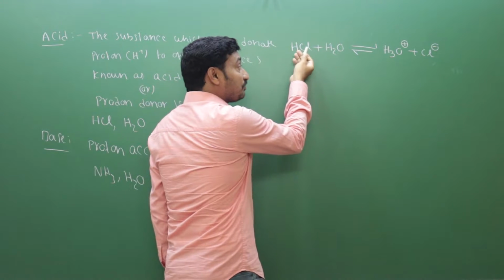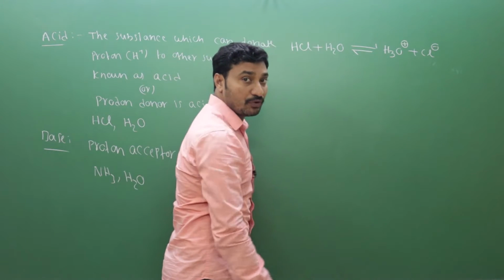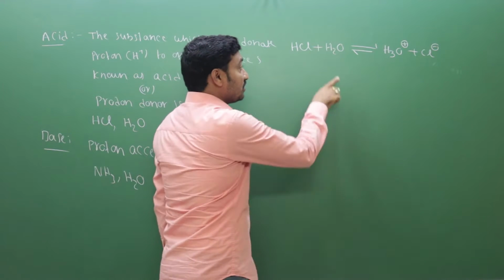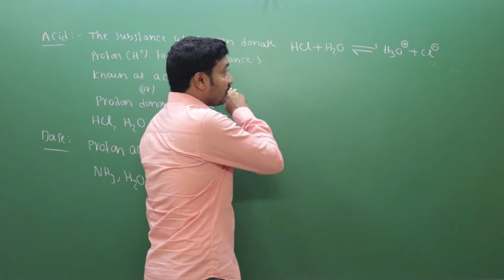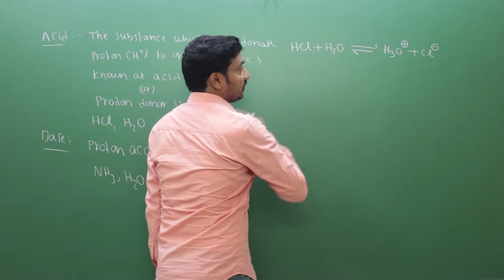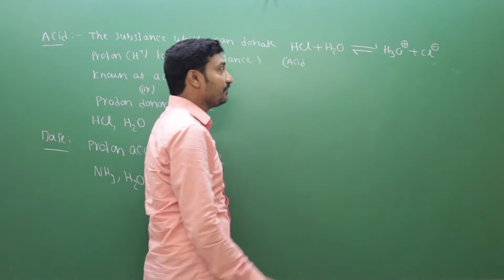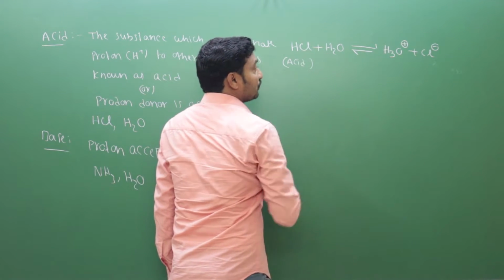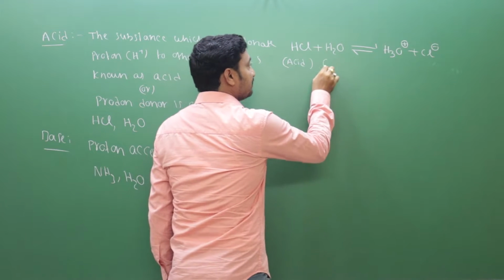H2O accepts one proton from HCl and is converted to H3O plus, right? So here HCl is an acid according to Bronsted-Lowry theory because it donates a proton to water. Now H2O accepts a proton from HCl. That's why this is a base.